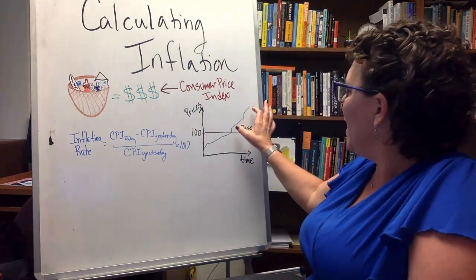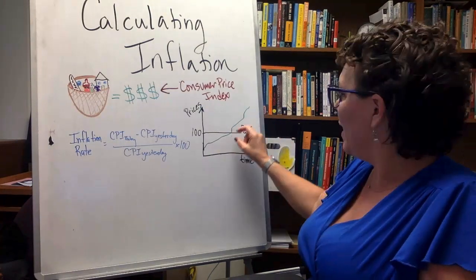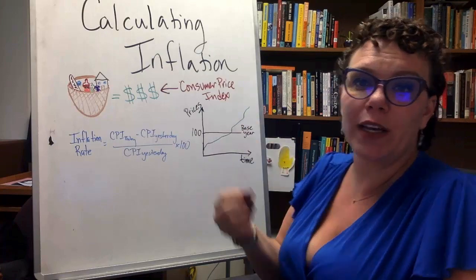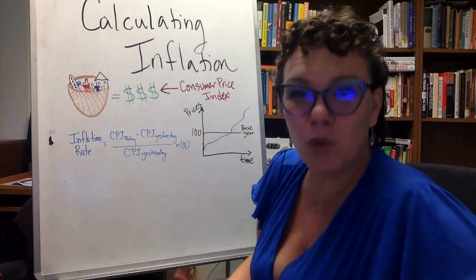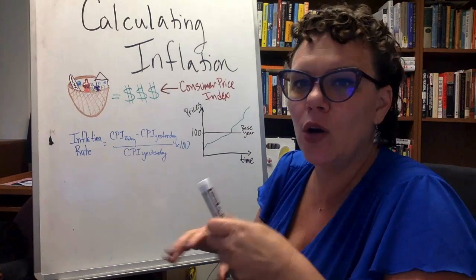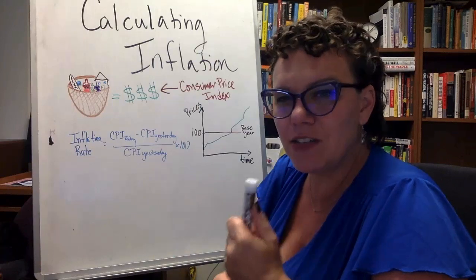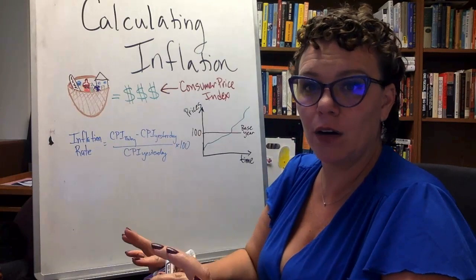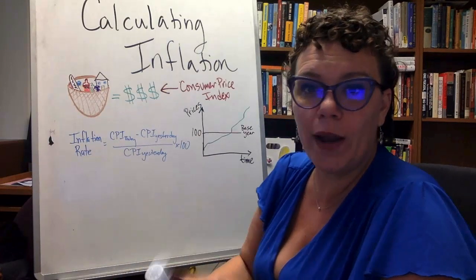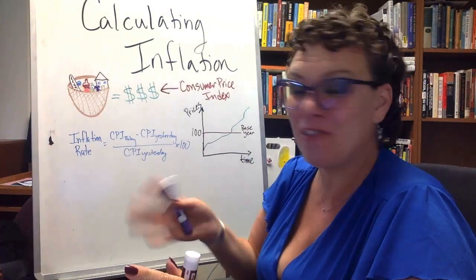So we can see anything above the base year is higher, anything below the base year is lower. And those incremental changes are showing us the percent change, which is more meaningful than knowing how many dollars prices increased. We want to know how the value of prices overall changed, because that's going to give us information about the purchasing power of money, of wages, and allow us to calculate real versus nominal variables.